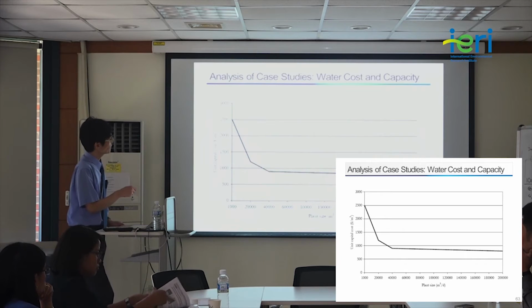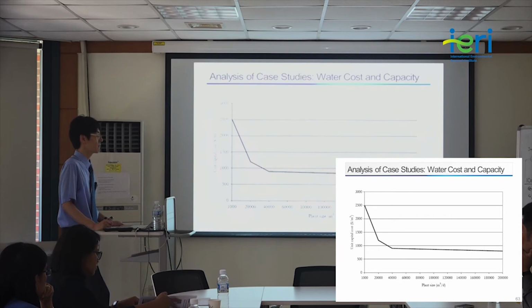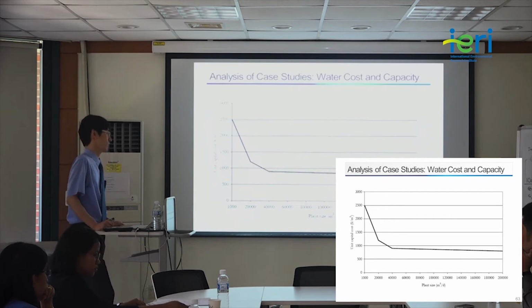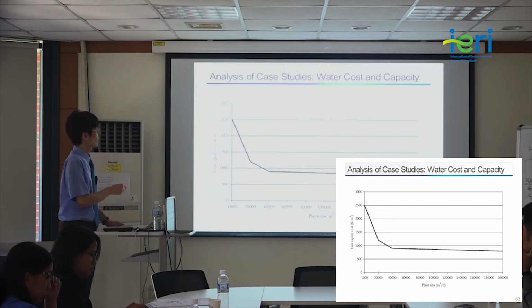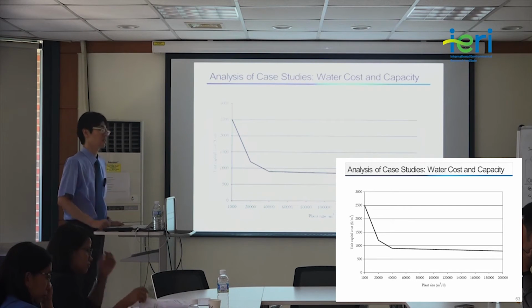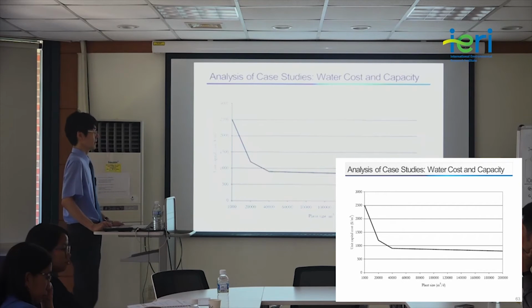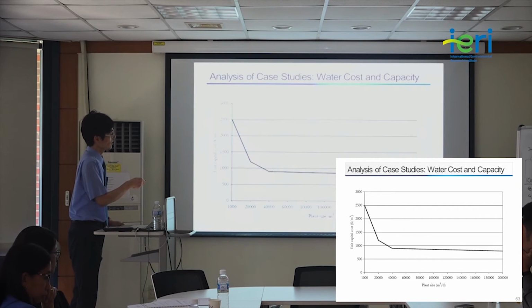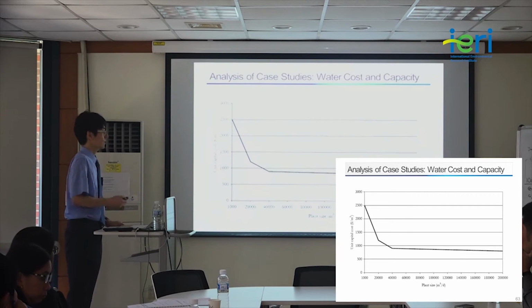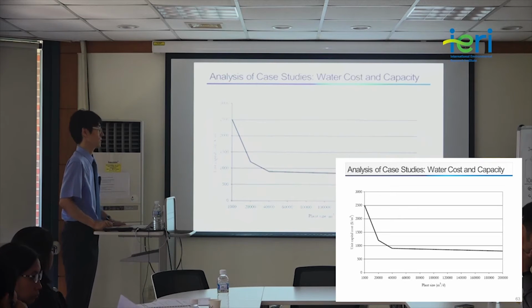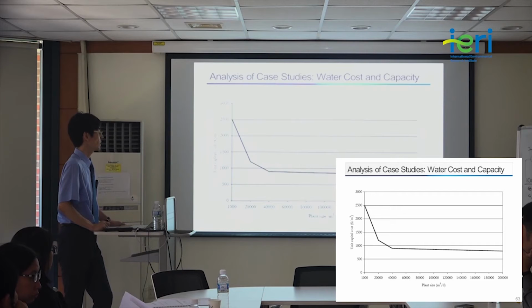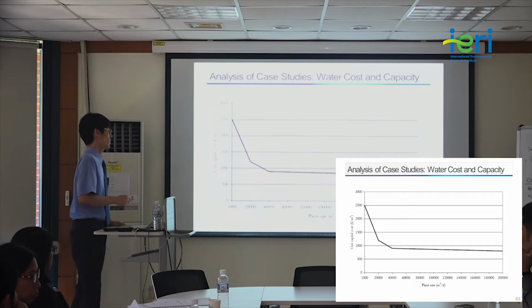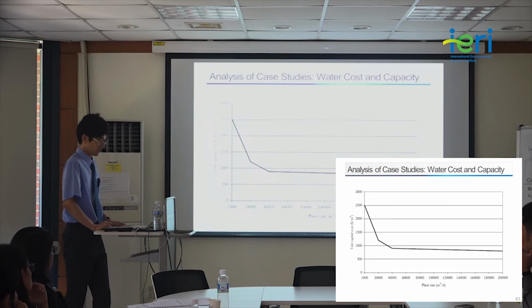But if the plant size is more than 50,000 cubic meters per day, in such cases it is reported that the unit water cost is almost constant. In fact, there is a slight decrease with the increase in the plant size, but it's not really significant. So this is another characteristic: the proper membrane desalination plant size ranges from 40 to 80 or 100,000 cubic meters per day.